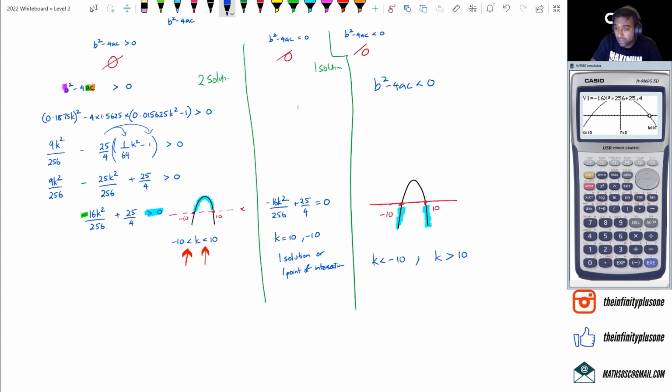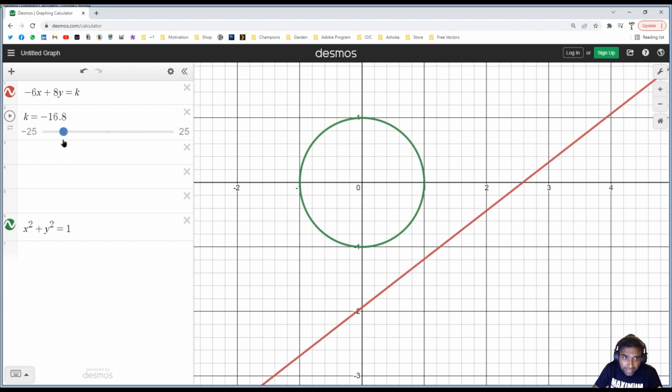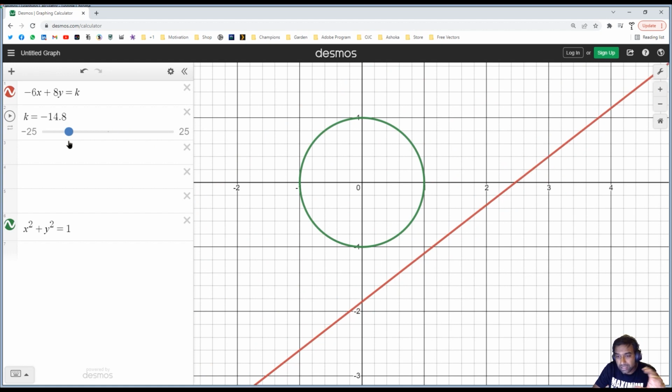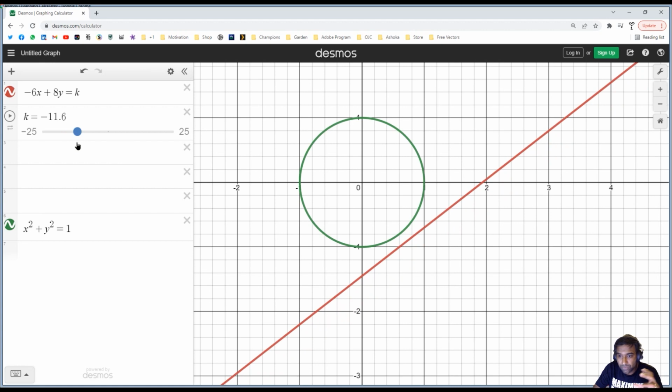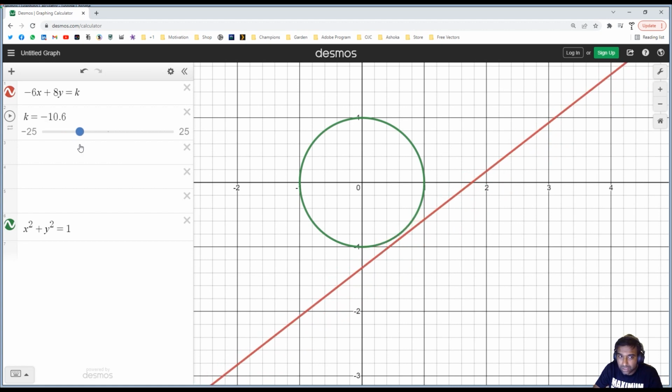If I go back and show you, when k is bigger than 10, the red line is not touching the green circle at all. And when k is less than negative 10, again, the red line is not touching the green circle at all. So there are key important things, right? Not touching. At 10, it's touching it once.